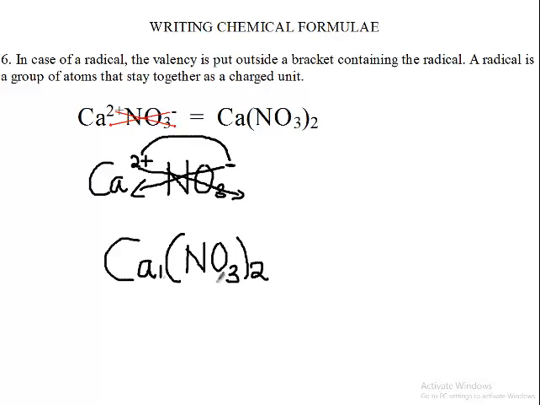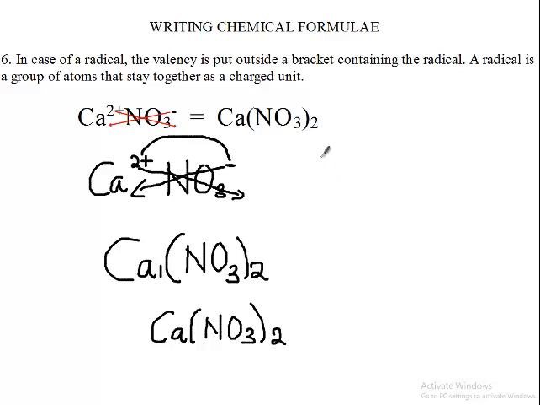Therefore, we are going to get Ca1, NO3, 2. Now we need to take away the 1, and then we end up with our compound Ca(NO3)2. This is the formula of calcium nitrate.